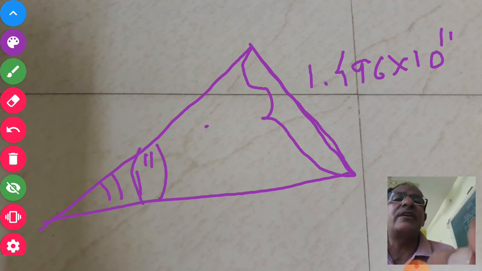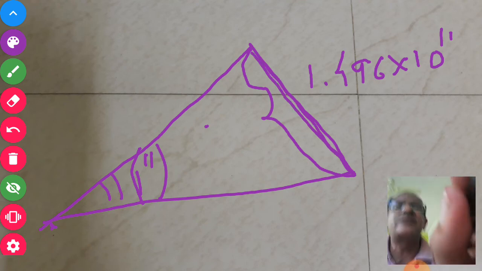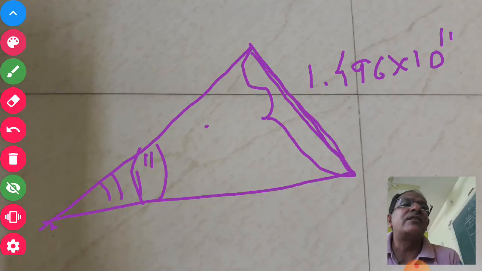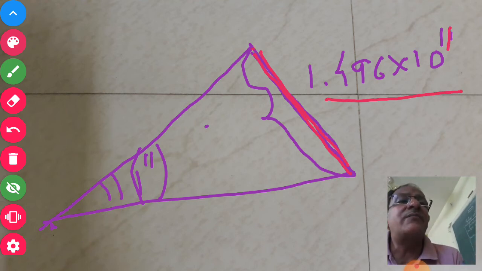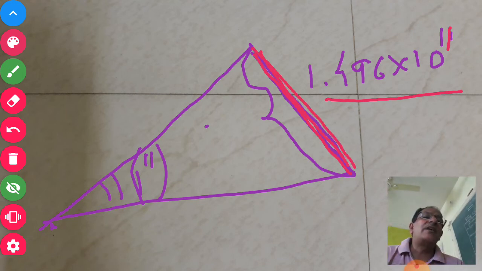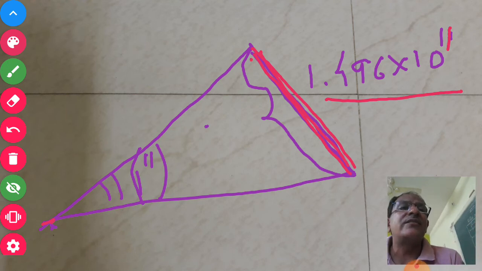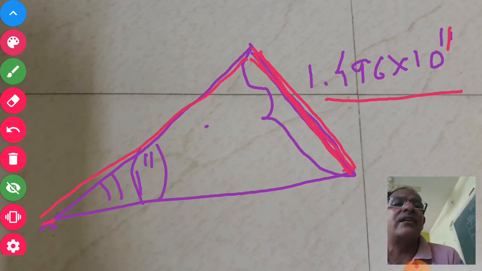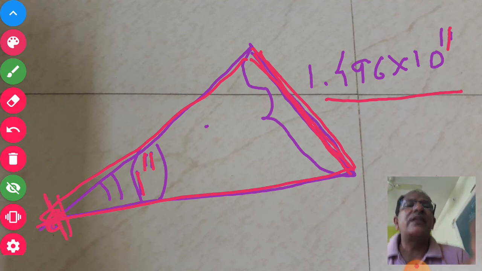At a point, this distance, what is that distance? 1 astronomical unit. The distance between the sun and the earth is nothing but 1 astronomical unit, and that is 1.496 into 10 raised to 11. Now that much distance, somewhere in space, will subtend an angle of 1 second. So a certain point somewhere here is where 1 second angle is subtended.